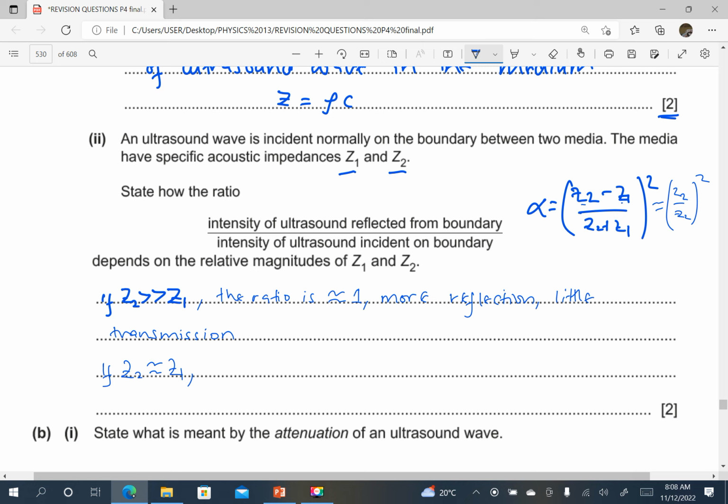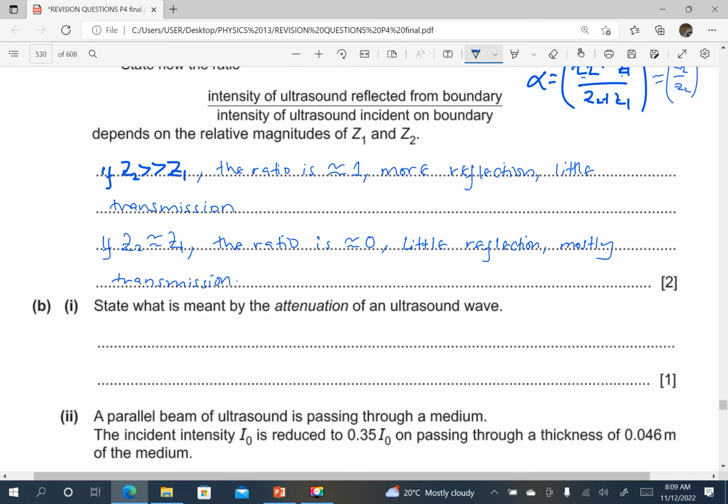So the ratio is close to 0, which means almost no reflection. So there is very little reflection and it is mostly transmission.